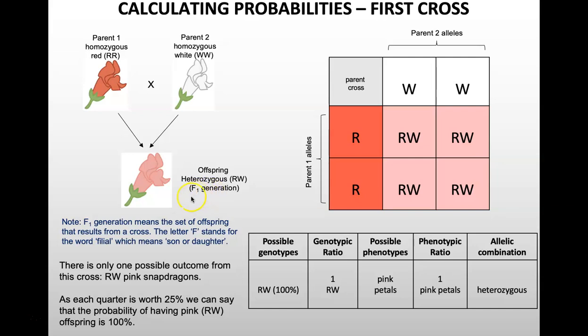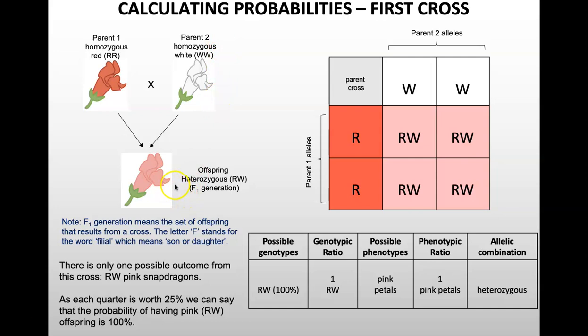And you can see that there's a little definition here. The F1 generation means the set of offspring that results from a parental cross. The F stands for the word filial, which means son or daughter. So we have an F1 generation, which is the first lot of offspring from a parental cross.